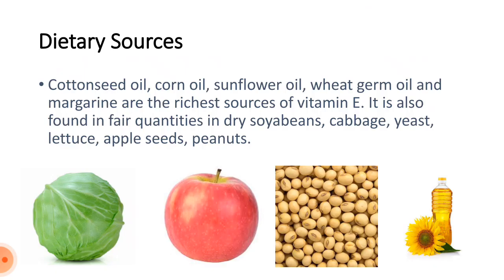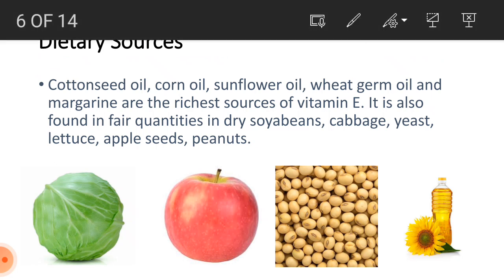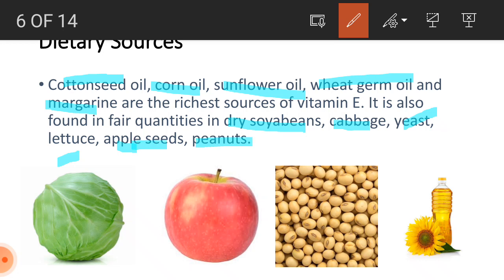The dietary sources of vitamin E are cottonseed oil, corn oil, sunflower oil, wheat germ oil, and margarine. It is also found in fair quantities in dry soybeans, cabbage, yeast, lettuce, apple seeds, and peanuts.